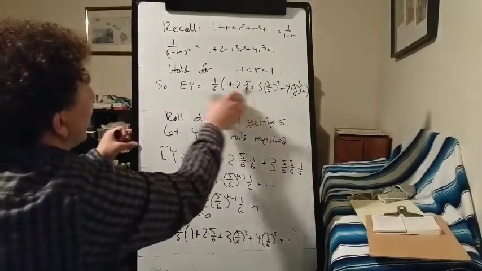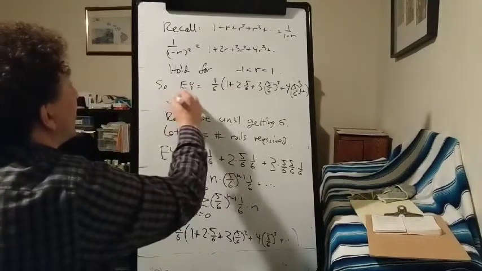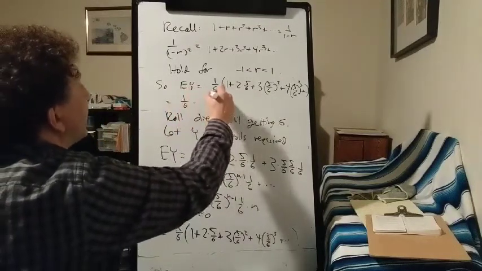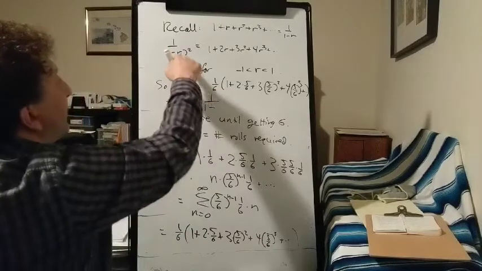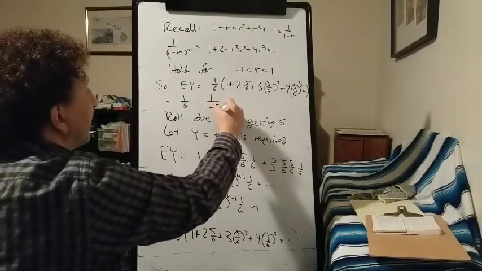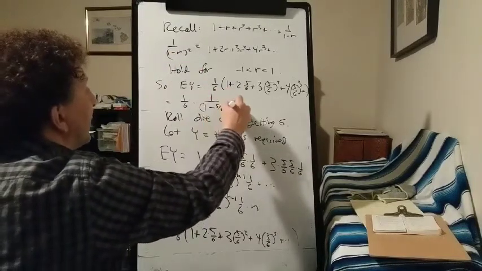And then by the formula up there, this is 1/6 times 1 over 1 minus this number, 5/6, the bottom part squared.